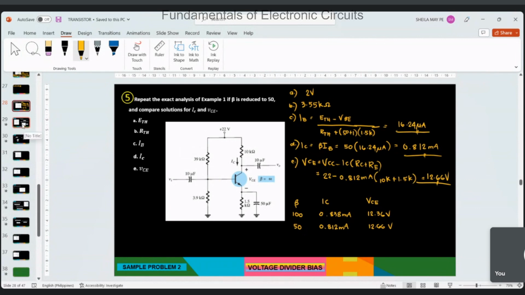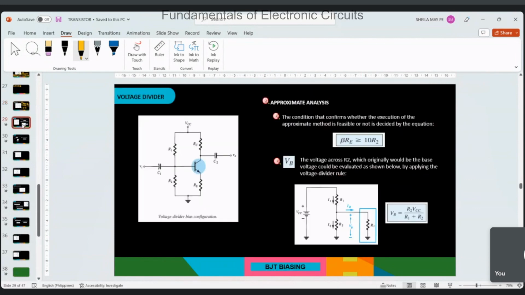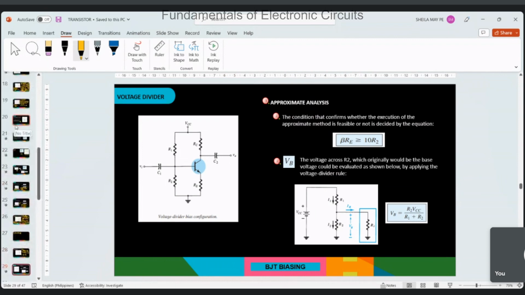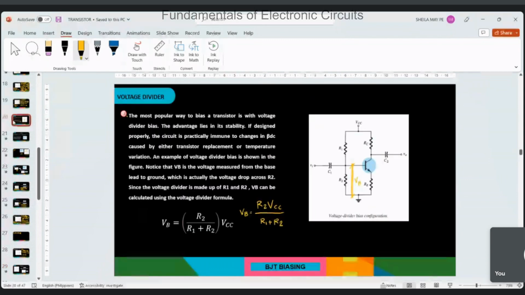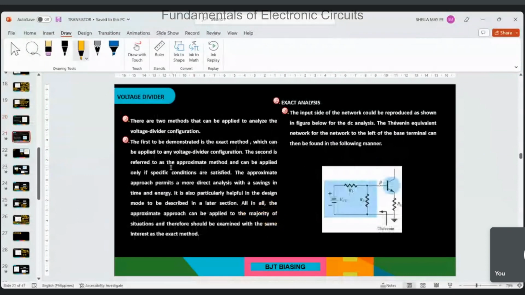Okay, next we have voltage divider in approximate analysis. The condition that confirms whether the approximate method is feasible or not is decided by an equation. If you remember the definition of our voltage divider, we have two approaches, namely the exact and the approximate.